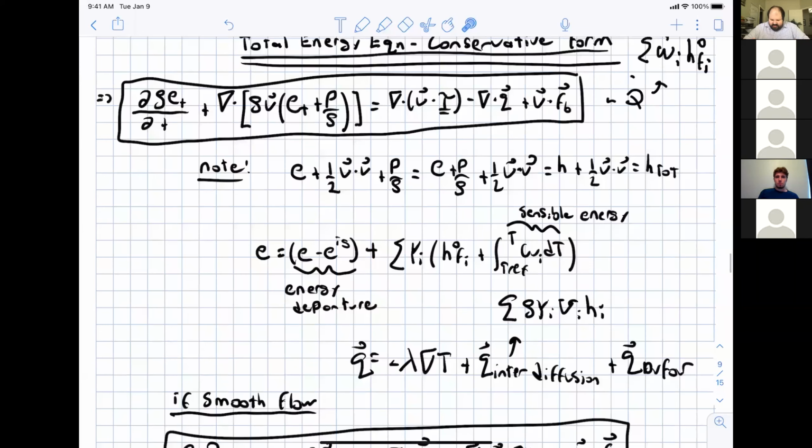That's called conservative, because it's the form that comes from the most generic RTT. It's the form that naturally comes from the system.